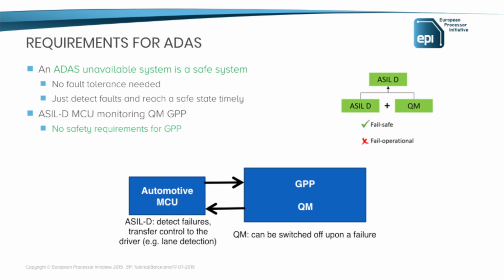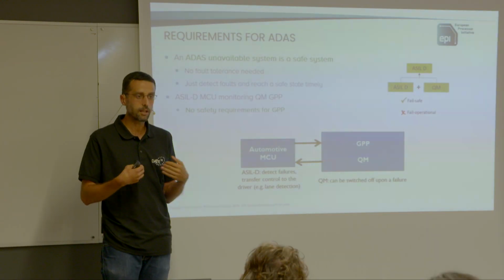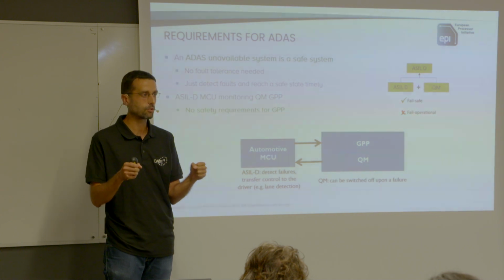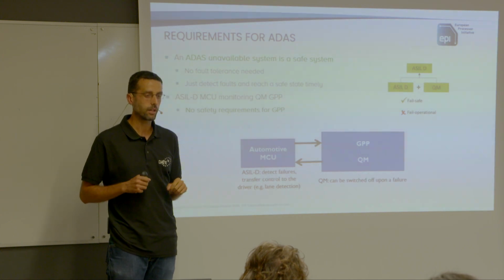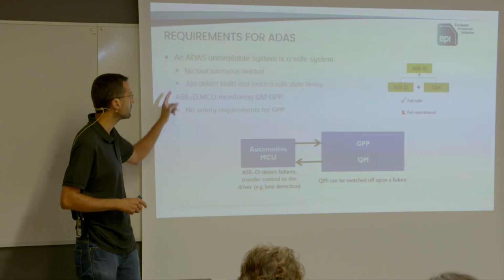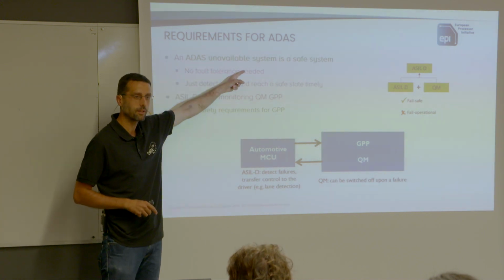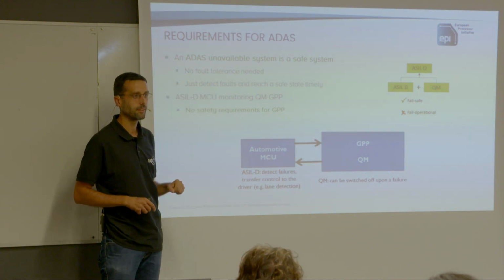This means that, for instance, if the lane detector fails, it is enough if it notifies the driver and just shuts down. Then the driver is in charge of controlling that you are inside your lane. You have a safe system, and this means that an unavailable system is a safe system.